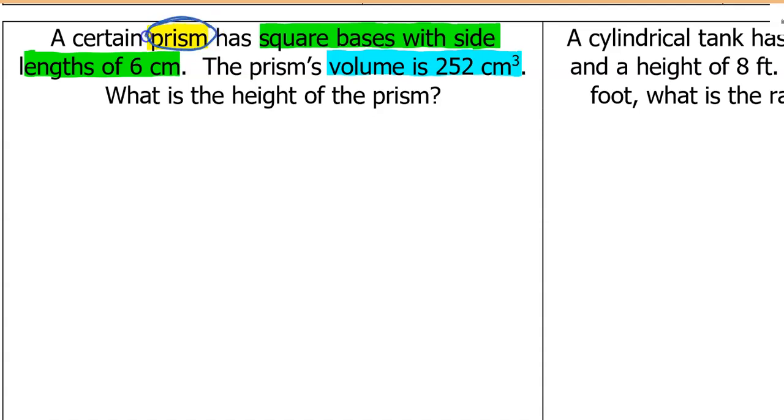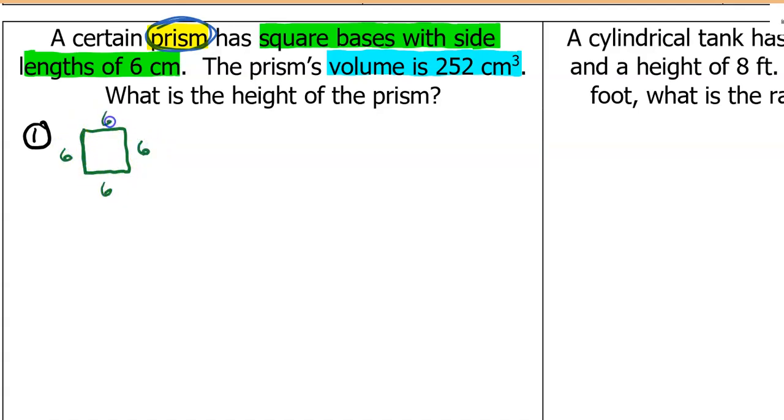So the fact that this is a prism tells me that I need to find the area of a base and then multiply by the distance between the bases. But again, don't think of it as a giant formula. You can think of it as a process. They told me the base, or the 2 bases, they're both squares with side lengths of 6 centimeters.